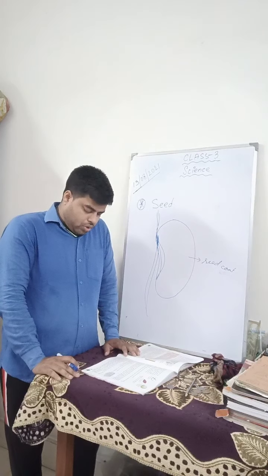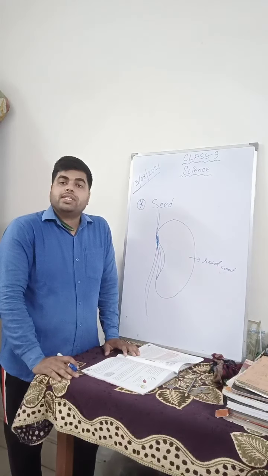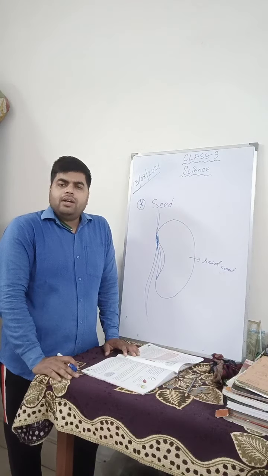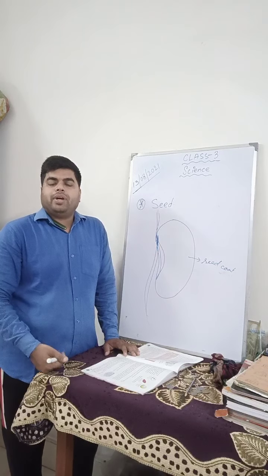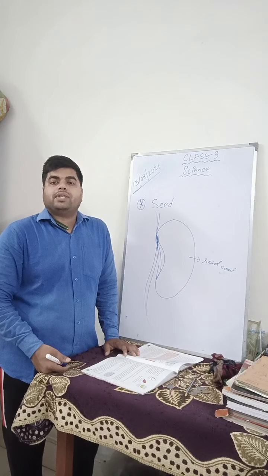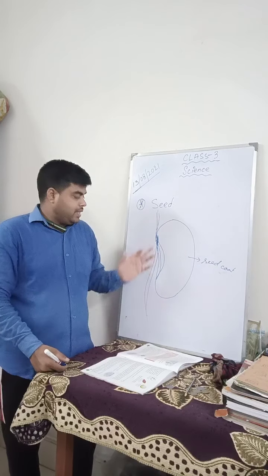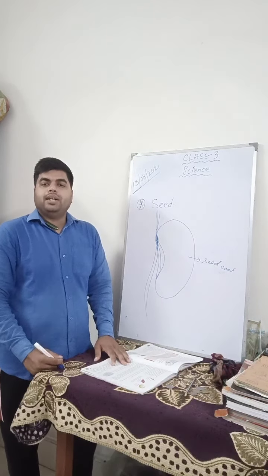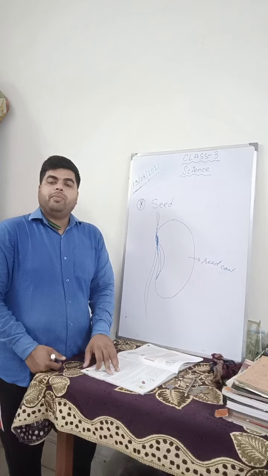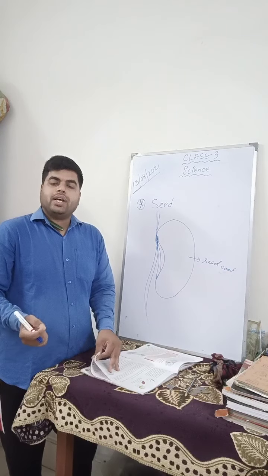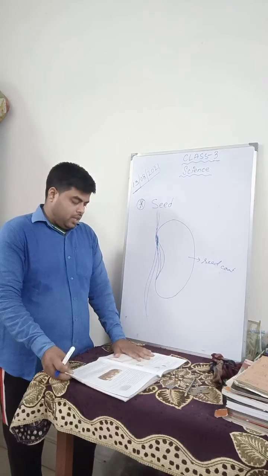As the seed matures with the help of sunlight, air, food and water, the baby plant grows into a seedling, and slowly by the passage of time, it grows into a new tree or plant.